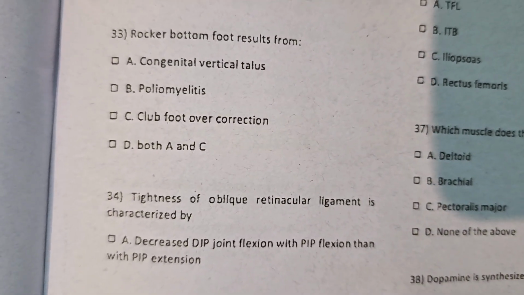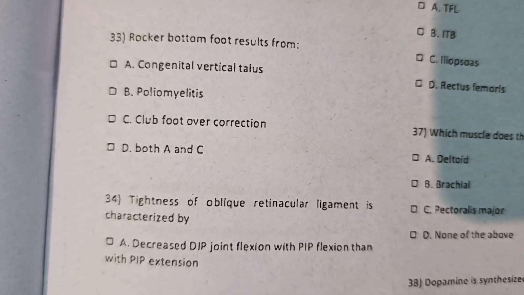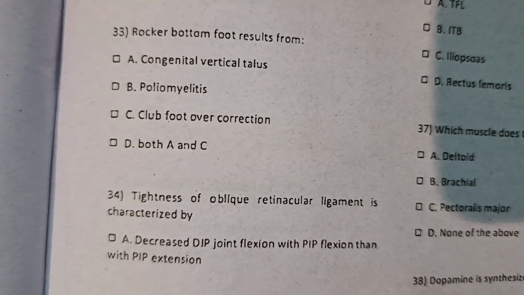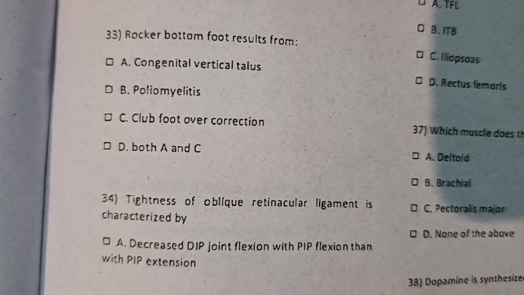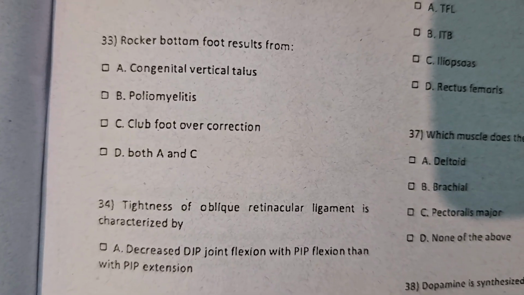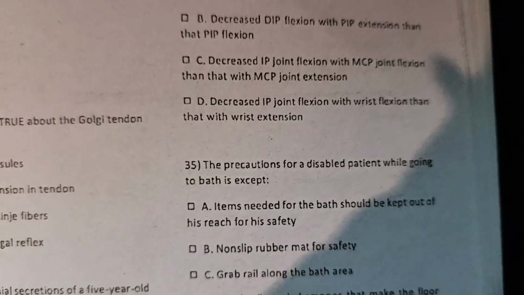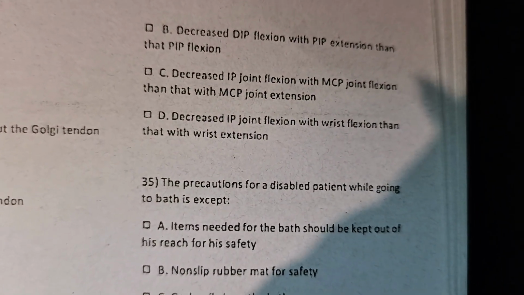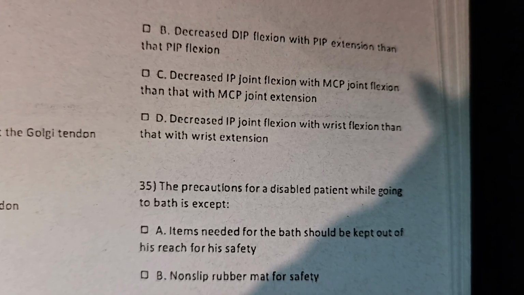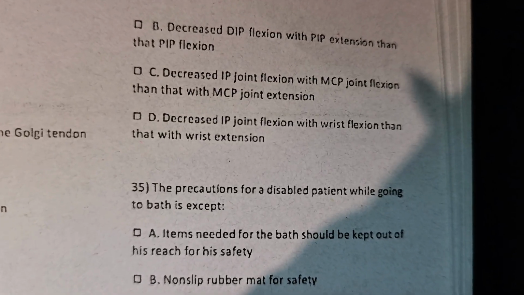Question number 34. Tightness of oblique retinacular ligament is characterized by option A decreased distal interphalangeal joint flexion with PIP flexion than with PIP extension. Option B is decreased distal interphalangeal joint flexion with PIP extension than that with PIP flexion.